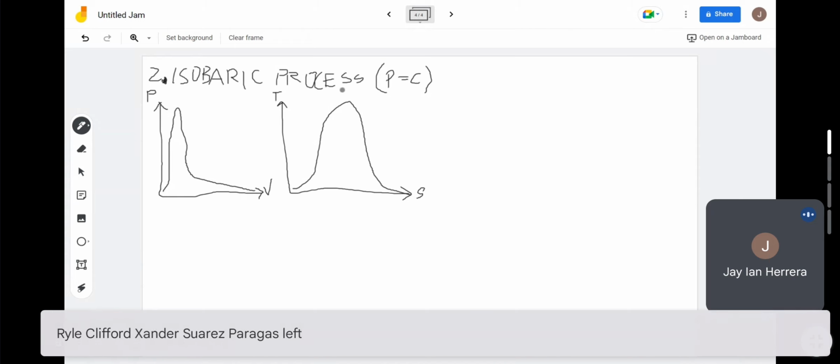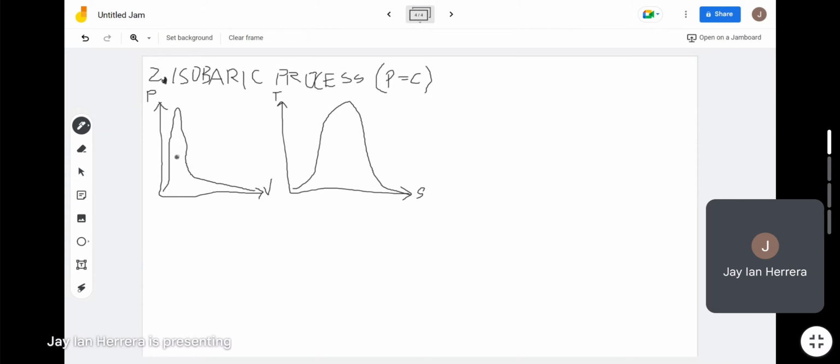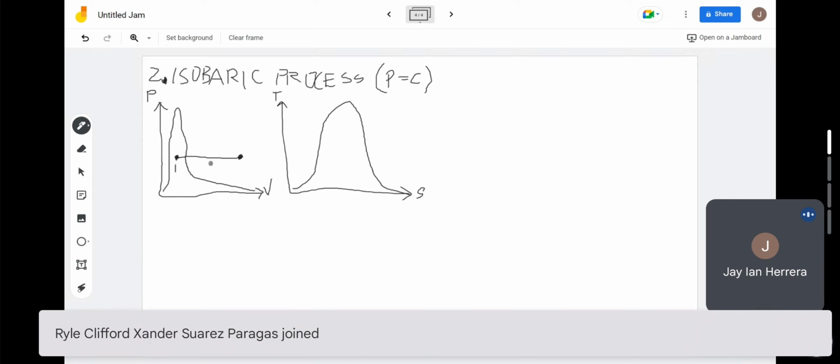Obviously, under isobaric, the movement from point 1 to point 2 is horizontal, since only the volume varies. Say for example, this is your point 1 and this is your point 2.